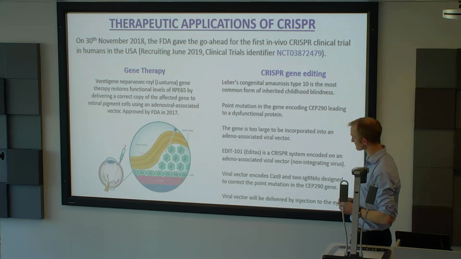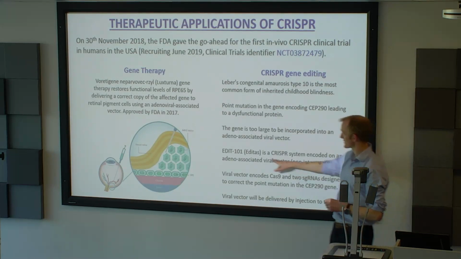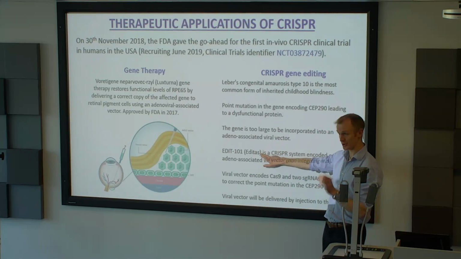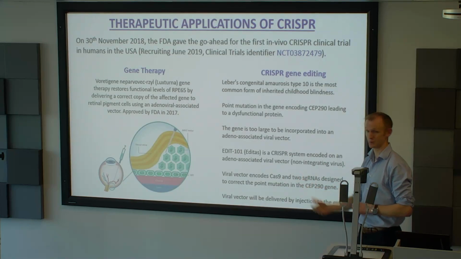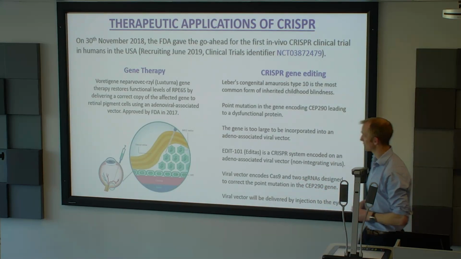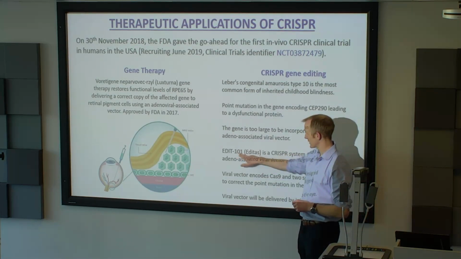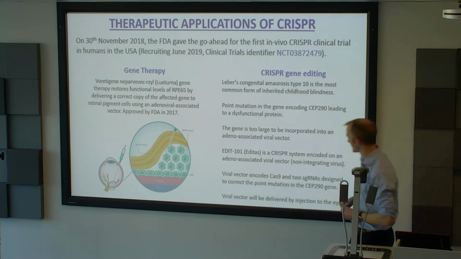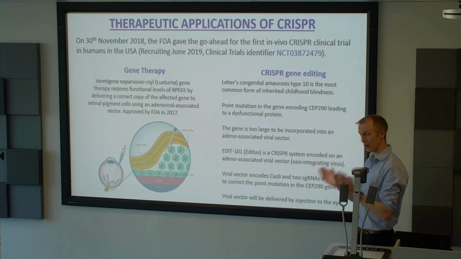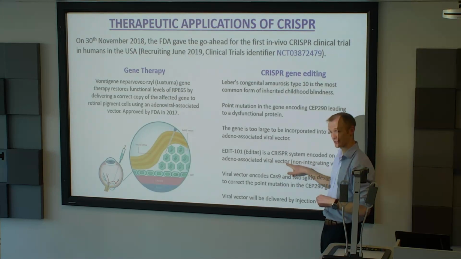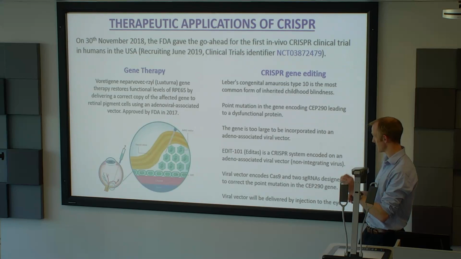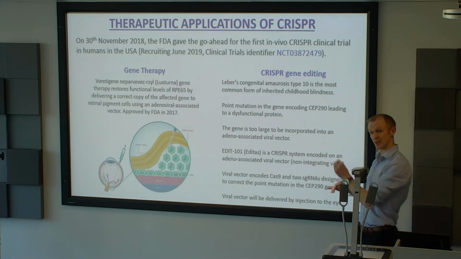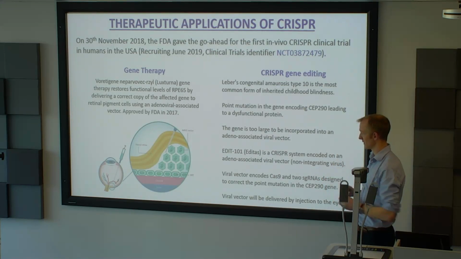So Editas is the pharmaceutical company, a new CRISPR company which was founded by Jennifer Doudna and others. They've created this guide strand called EDIT101, and it's a CRISPR system encoded on an adeno-associated viral vector. That's encoded in the genome of the adeno-associated viral vector, which is non-integrating, so it doesn't integrate into the genome of the patient.